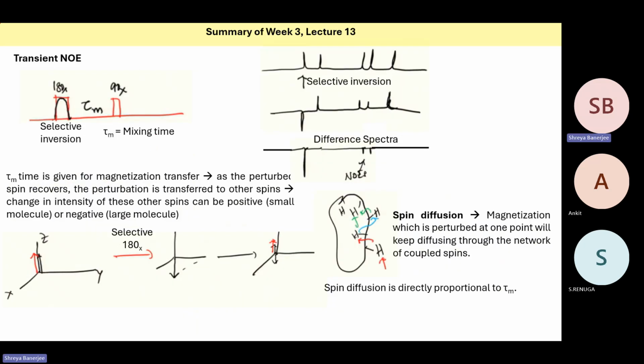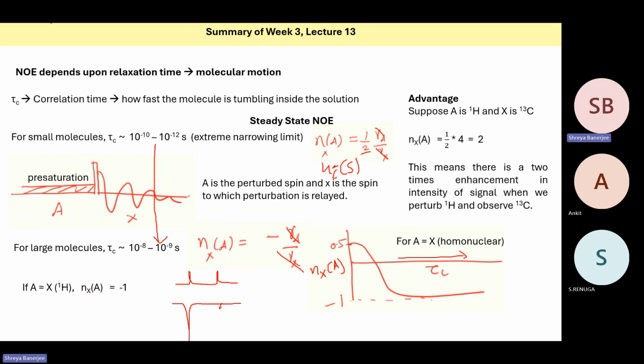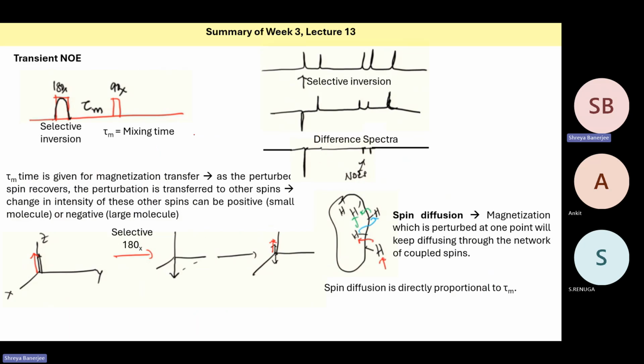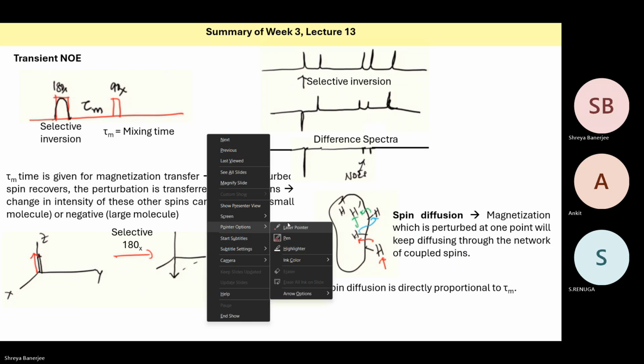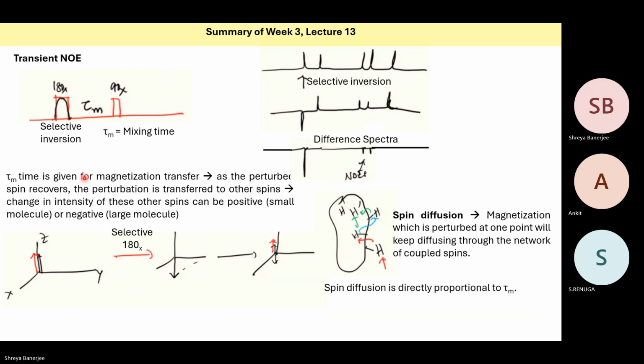So this was a steady state NOE because you are not changing anything. Now we will talk about a transient NOE, where we are giving something called a mixing time. Suppose this is your original spectrum.